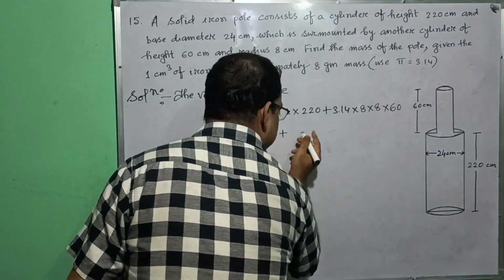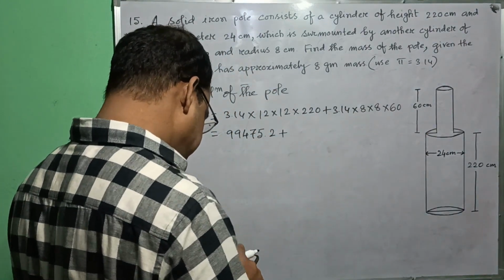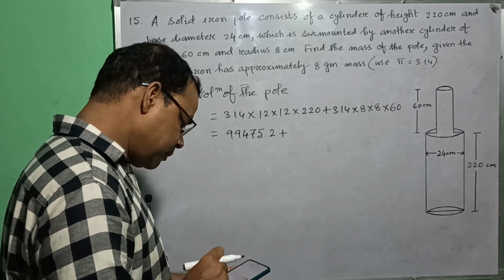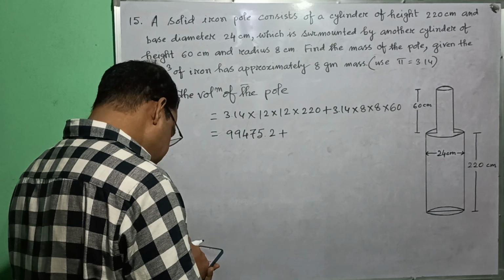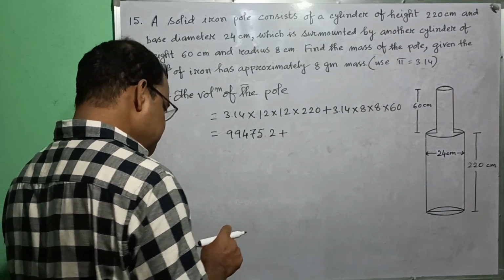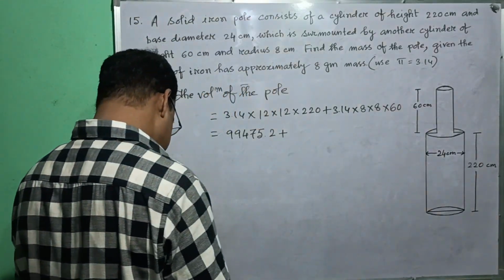Plus, now 3.14 into 8 into 8 that is 64, into 60.